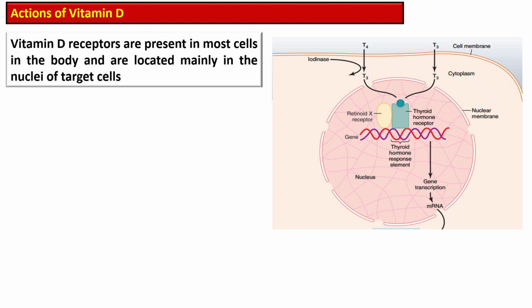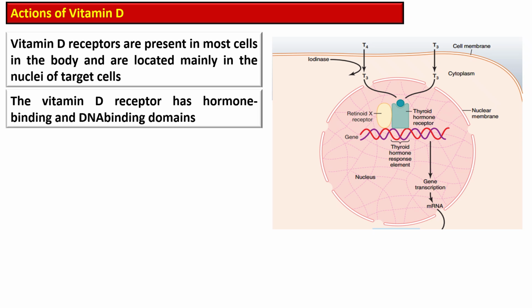So vitamin D receptors or VDR are present in most cells of the body and located mainly in the nucleus of the target cells. They are structurally similar to the steroid and thyroid hormone receptor. Vitamin D receptor has two critical domains, hormone binding domain and DNA binding domain.